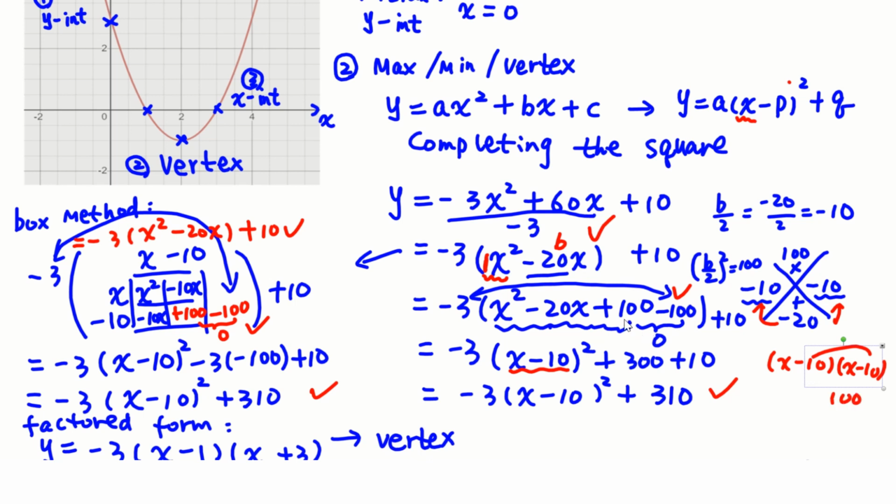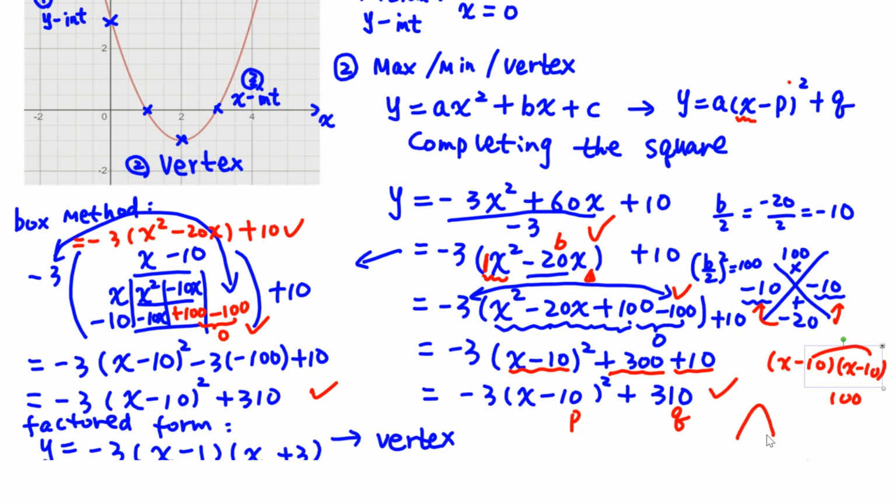So that's the reason we put this 100 here. Then we add 100 in the bracket, we don't have a number there, so we need to minus 100. Then -3 times a value times minus half b squared will give you the constant term. Collect them, you will have p and q.